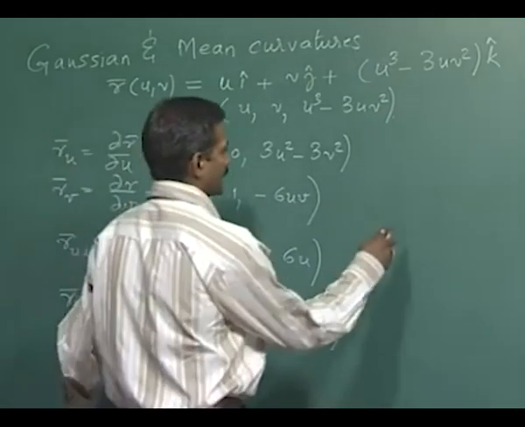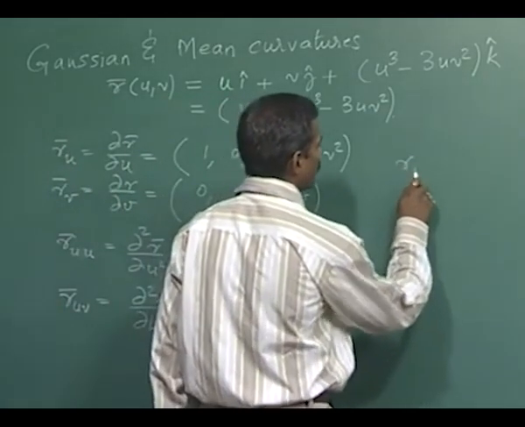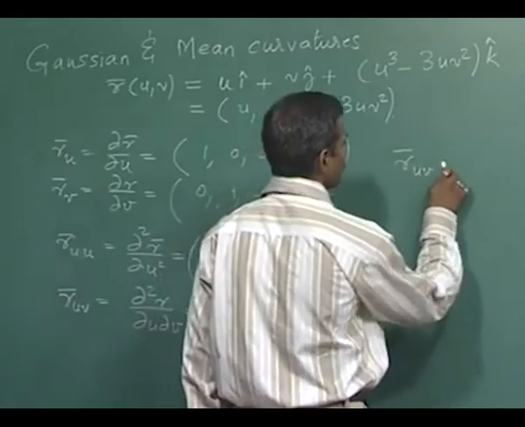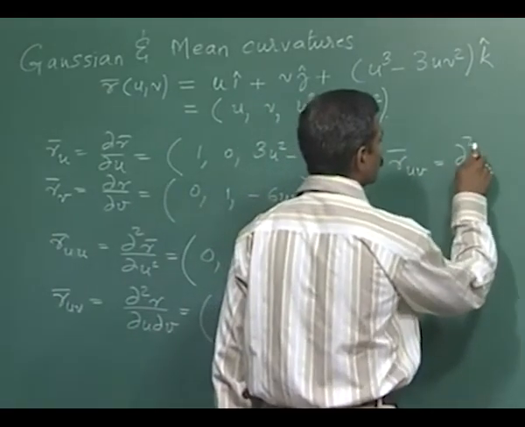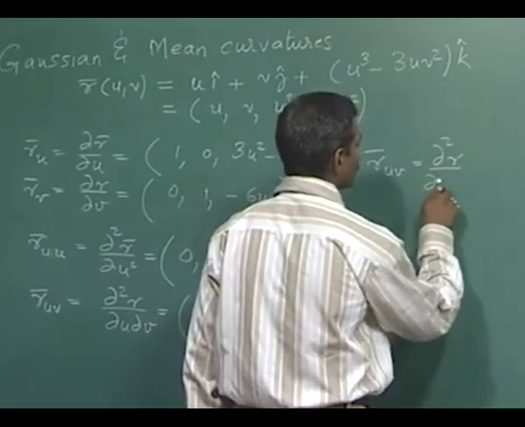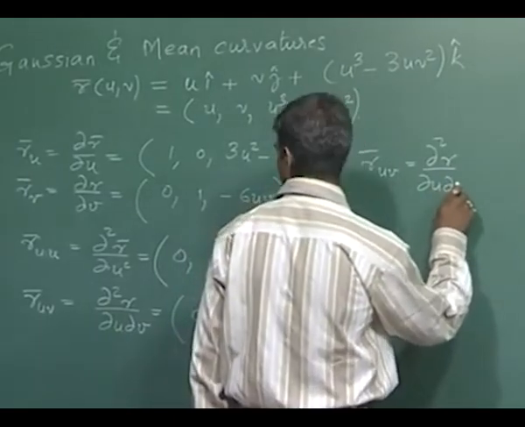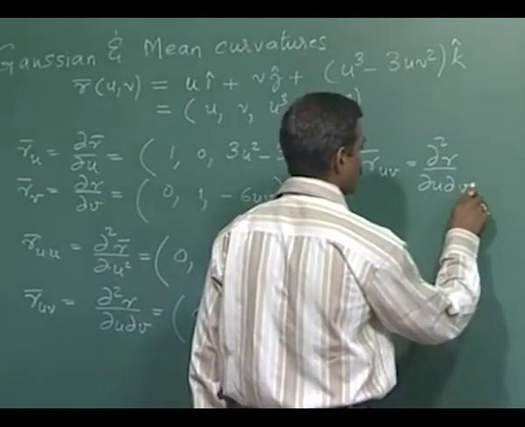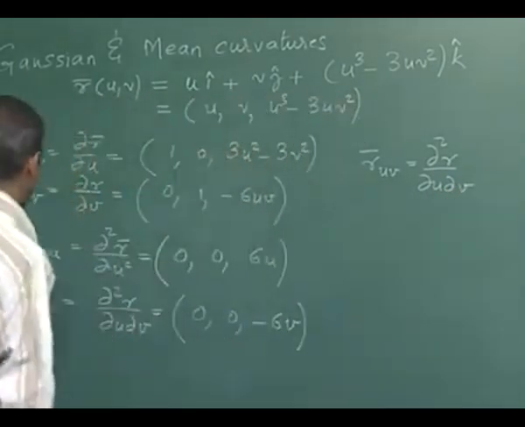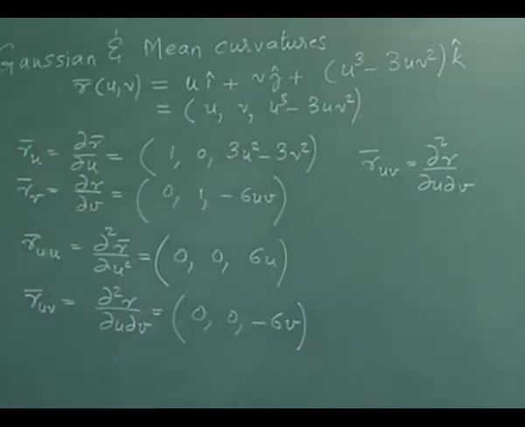The mixed second derivative r uv is partial 2 r over partial u partial v. I've already computed that.